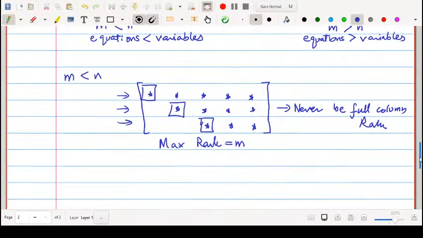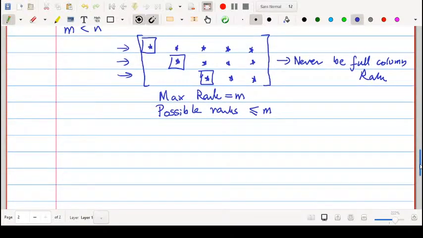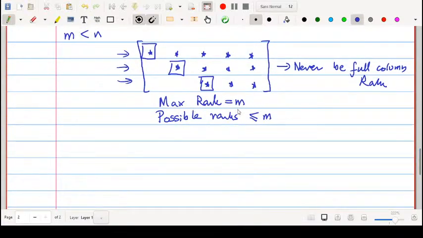So the maximum rank that you can get is m, and of course, if this was a 0 entry or if this was a 0 entry, then the possible ranks are less than or equal to m. That's the first thing that you need to notice, which means you're immediately in a situation where, even when you get the maximum rank, m is always less than n.